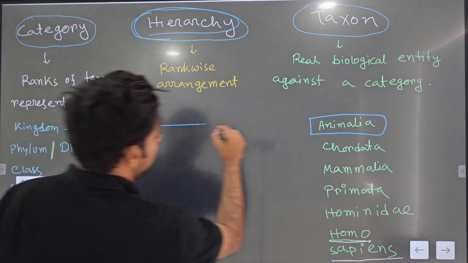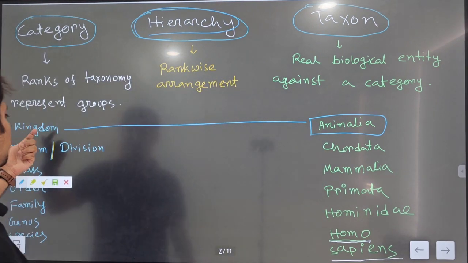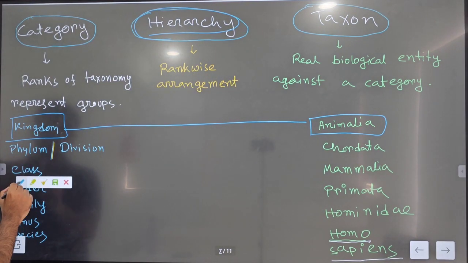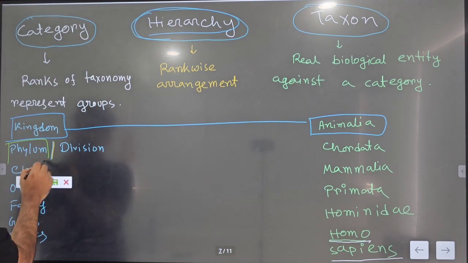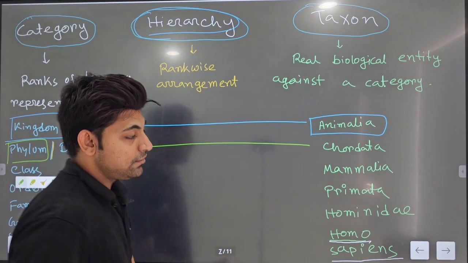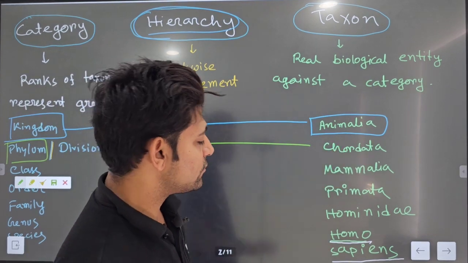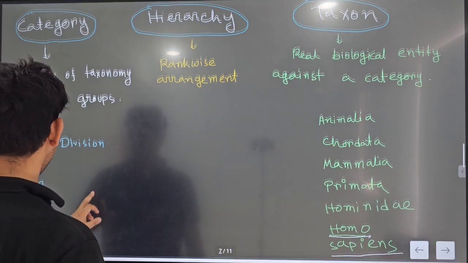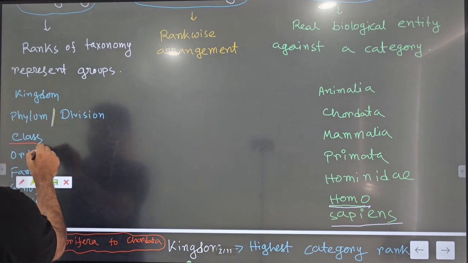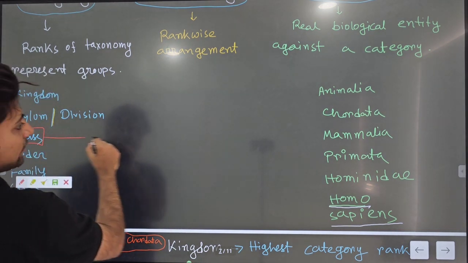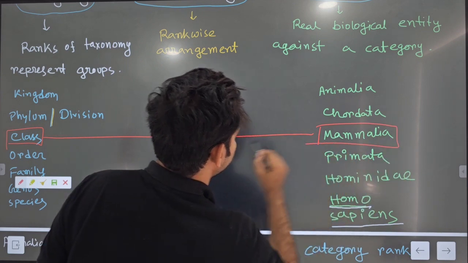Against our category kingdom, our taxon is Animalia. Against our category phylum, for human beings, our taxon is Chordata. Against our category class, our taxon is Mammalia.